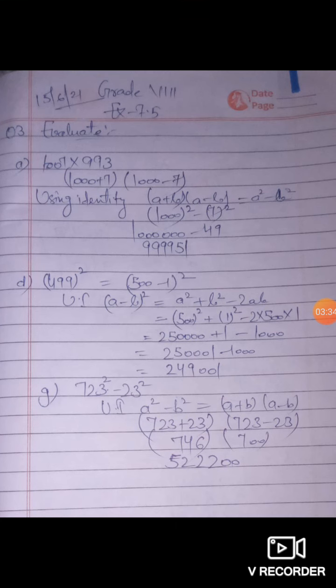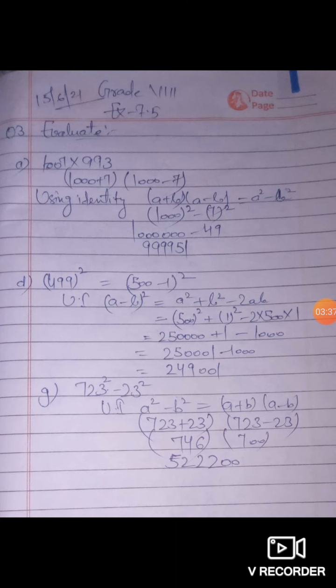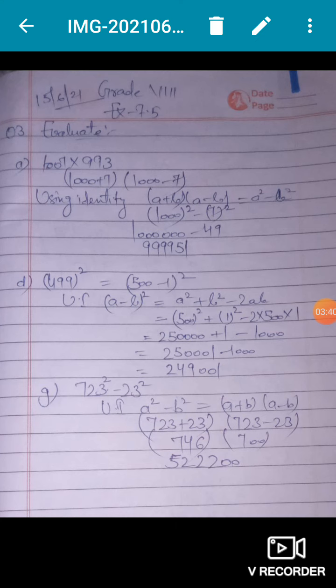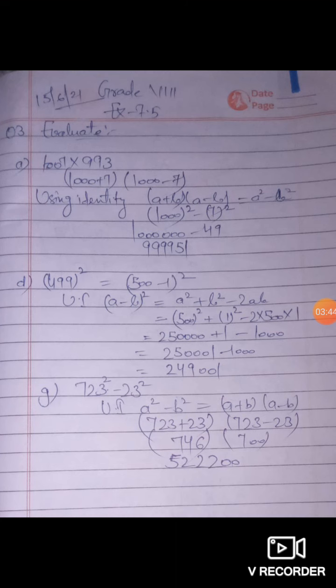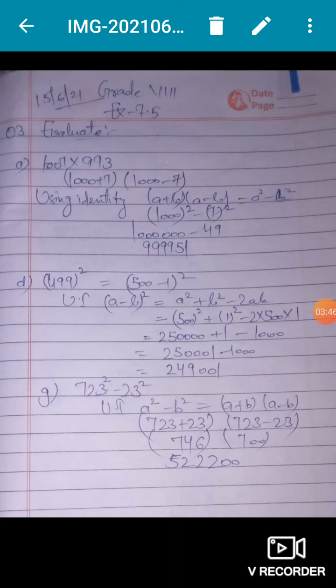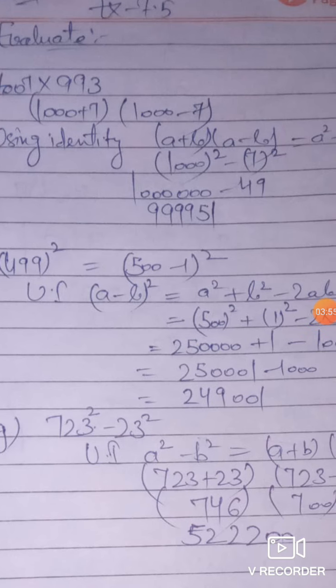Clear? In the same way, one more part: 499 square. Seeing 499, it comes to mind that it is very near to 500. It is only one less than 500. So we will write it as 500 minus 1 whole square. And now what is this form? Which identity will be most suitable for it?